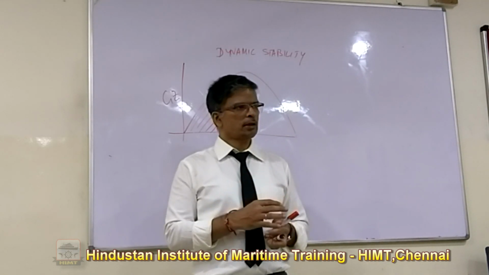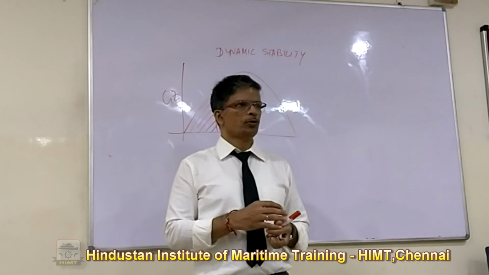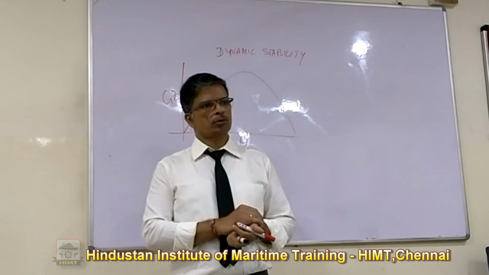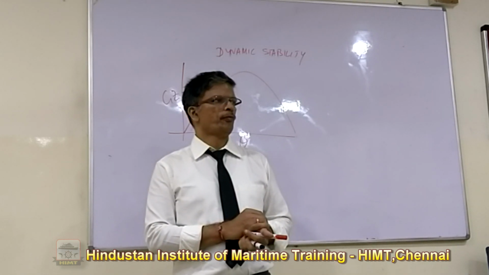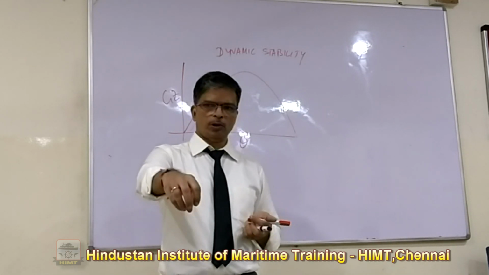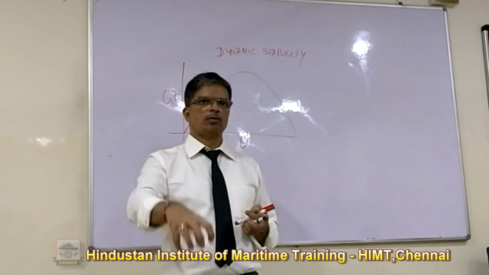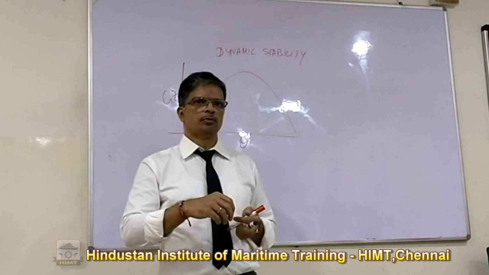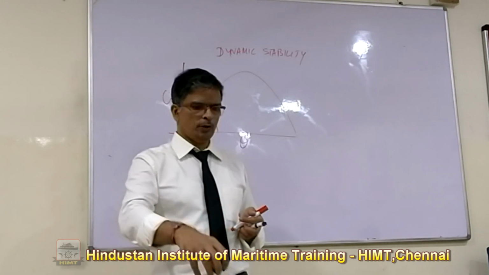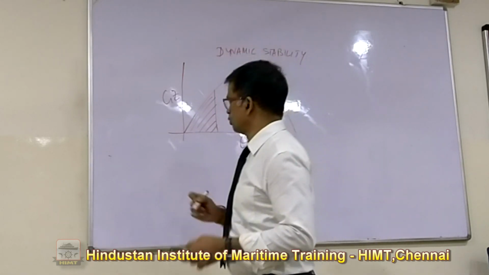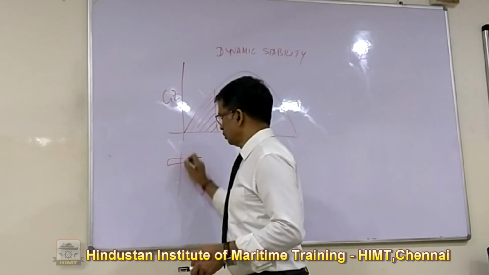Principle of inertia always comes. If you move an object, you have to do work. And where does the work go? If you lift a bag and keep it on the table, what is the amount of work you do? mgh. If you lift a bag which is lying here and you keep it here, the force you have to apply will be mg.